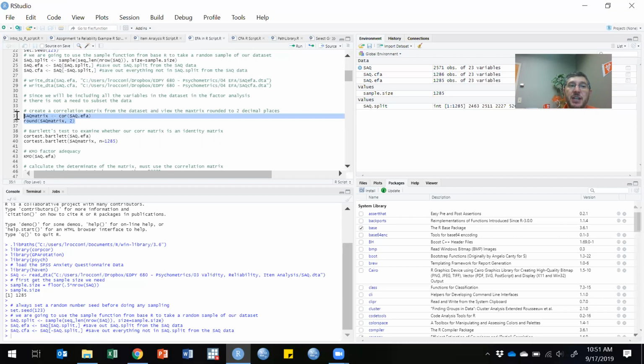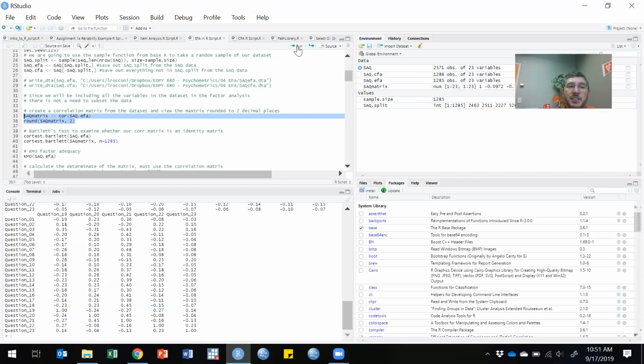So, here's some syntax. We're going to just take our SPS anxiety questionnaire for the EFA and produce a correlation matrix, and then I want to round them off to 2 decimal places, which is what the next one does.